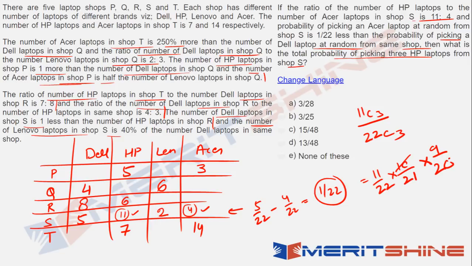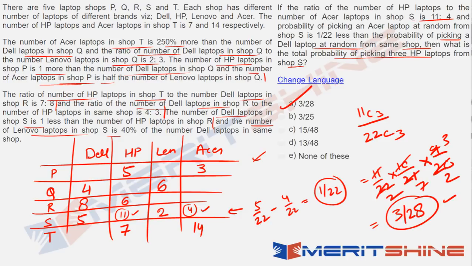So solve this. This is 2. This is 2. This is how much? 3 and 7. It gives you 3 upon 28, which is the answer to the first question. This is given to you here. So nothing here. I mean, making this table first and then going on to the questions here.